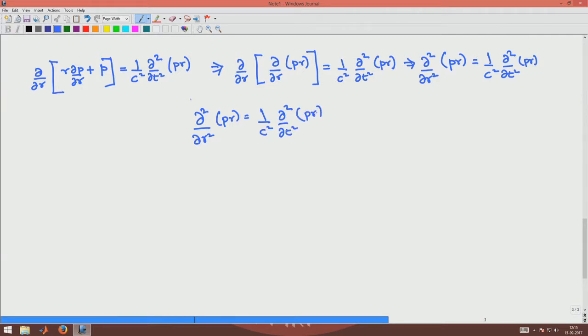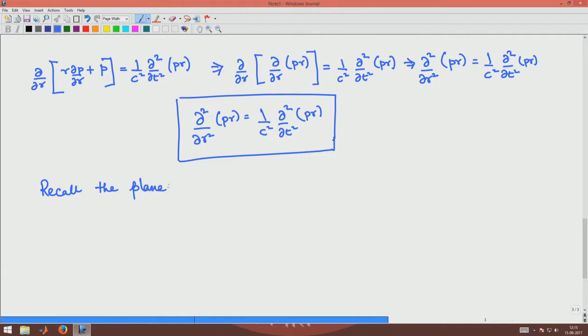Okay. So, here you will realize this equation is identical to the plane wave equation, except for the change that instead of pr you had p in the plane wave equation. So, I will just make a recall here. Recall the plane wave equation was derived to be ∂²p/∂x² = (1/c²) ∂²p/∂t².